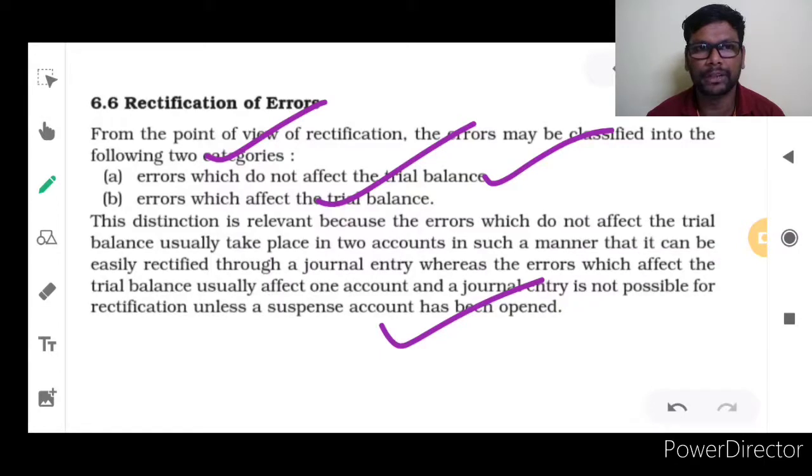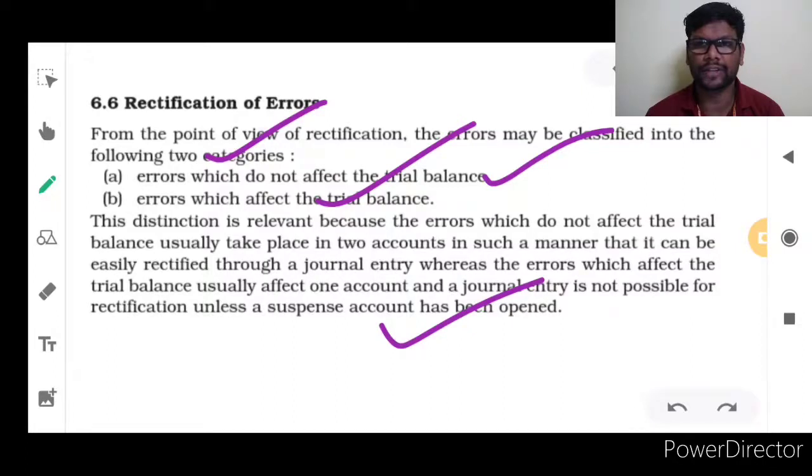But after preparing the journal, after journalizing, we do posting into the ledger. While doing the posting, we haven't entered the sales account credit side and the cash account debit side amount. We completely omitted it, and it is not transferred to the trial balance also. So these kinds of errors will not affect trial balance. With the help of the journal entry only, we can solve it.